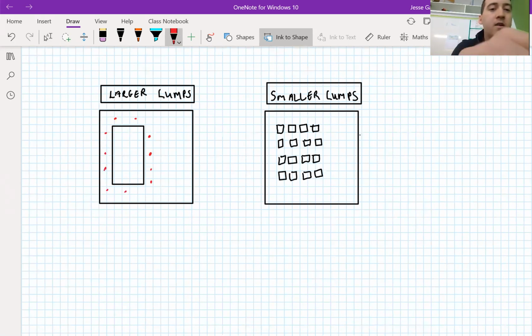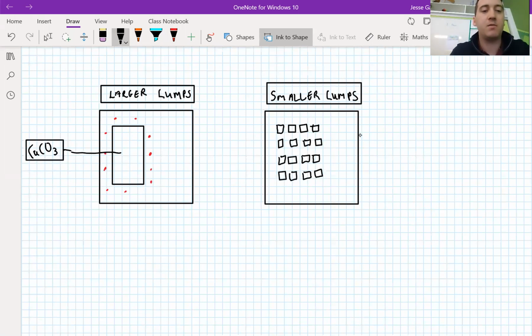Okay, so a reminder that the lumps represent a substance called calcium carbonate, CaCO3. This is the same as limestone or limestone chips, or what we call marble chips, calcium carbonate, CaCO3.